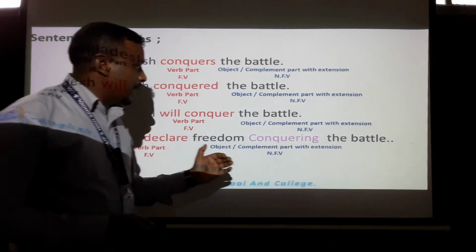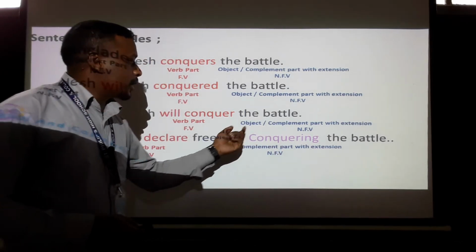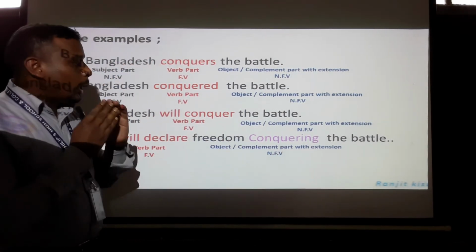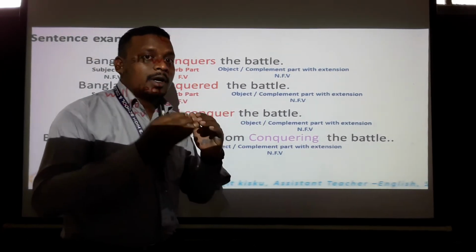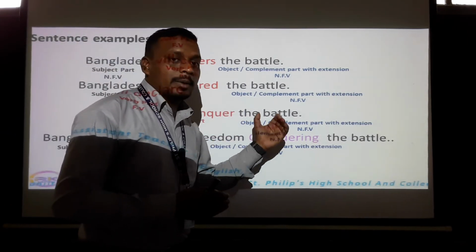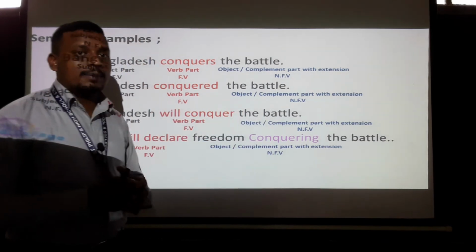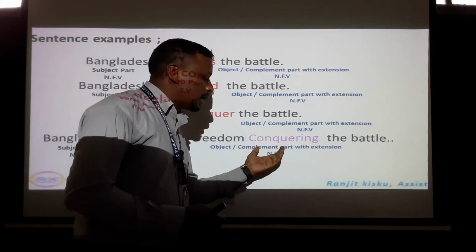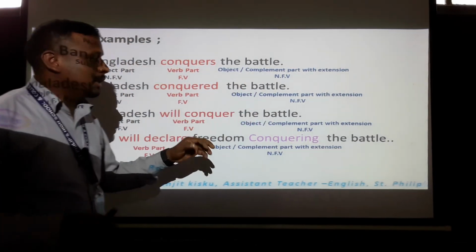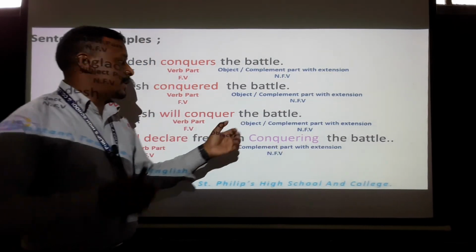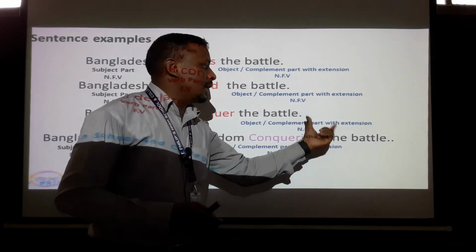Got it? But on the other hand, you see conquer, which is in the object or complement part. For being in the complement part, we have made this verb a non-infinitive, and non-infinitive is participle, right? Present participle mode, or we can say freedom conquering the battle.